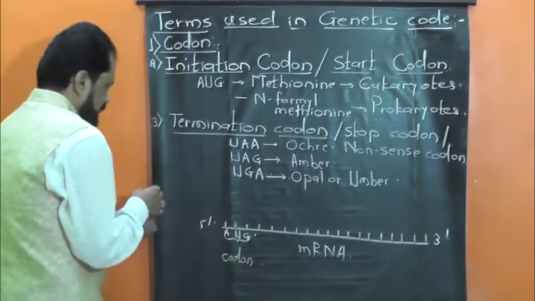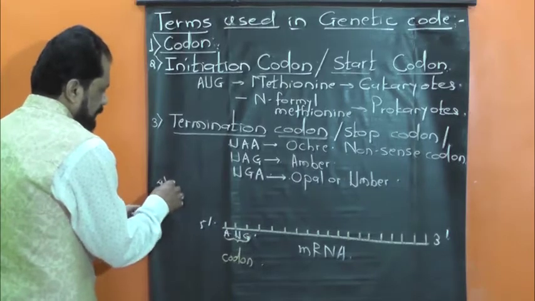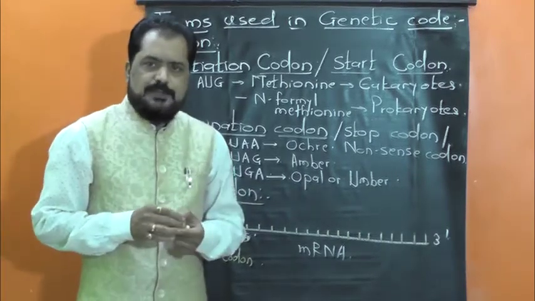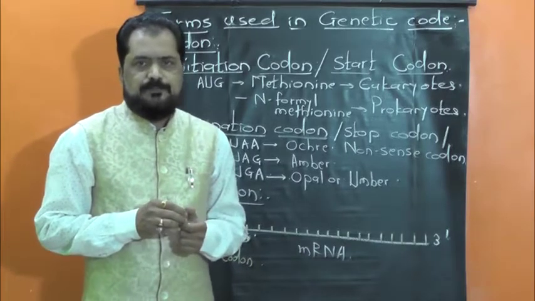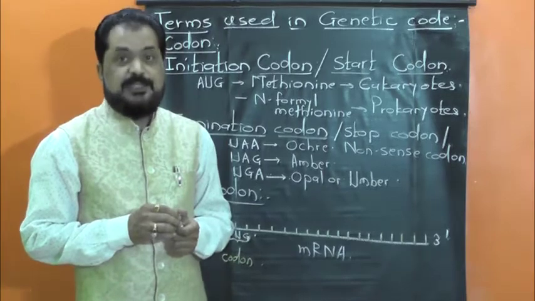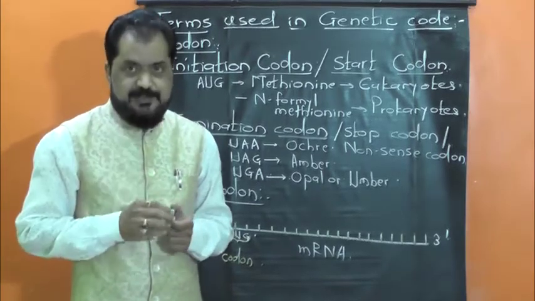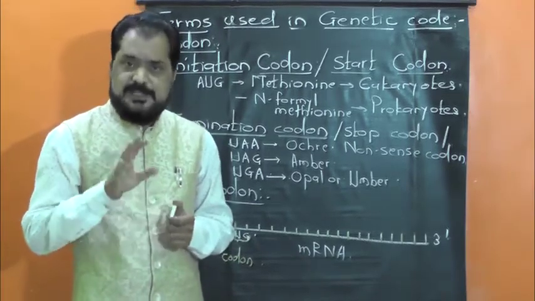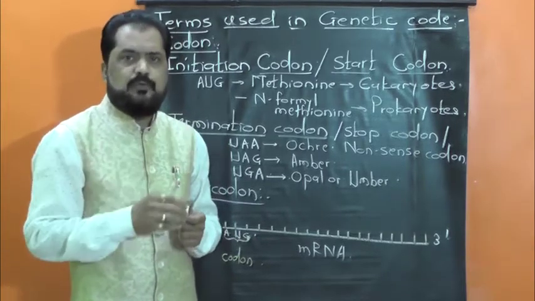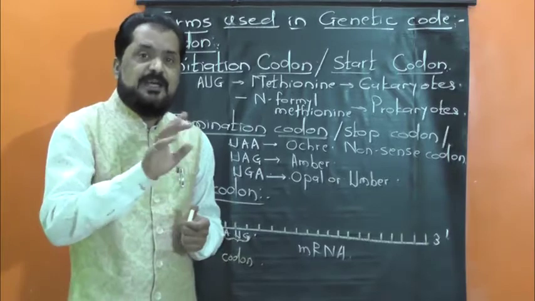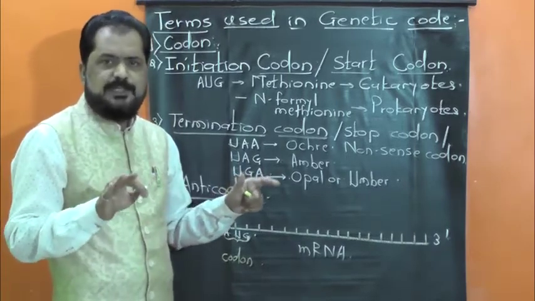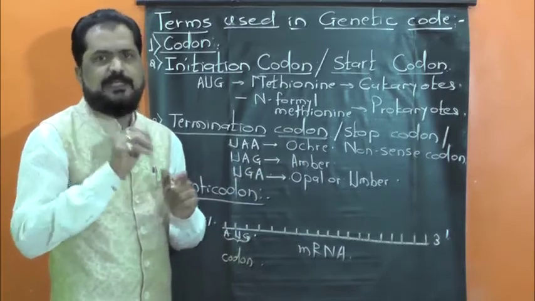Next term, that is anticodon. Anticodon means the sequence of 3 nitrogen bases or nucleotides in tRNA, transfer RNA. We have studied about transfer RNA in 11th.